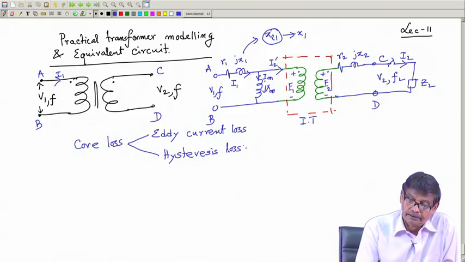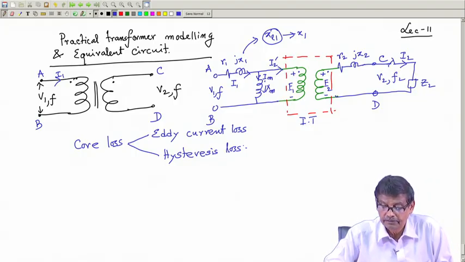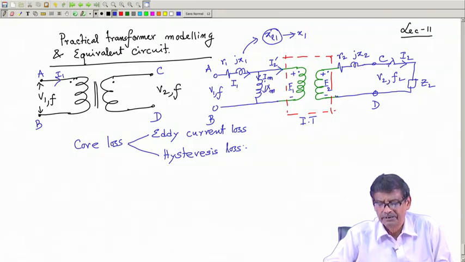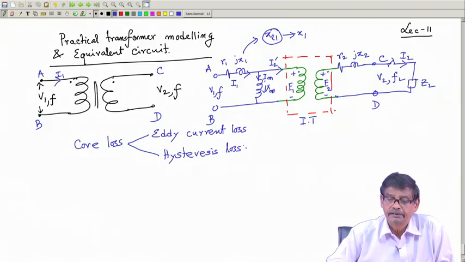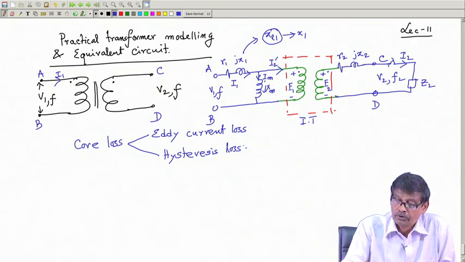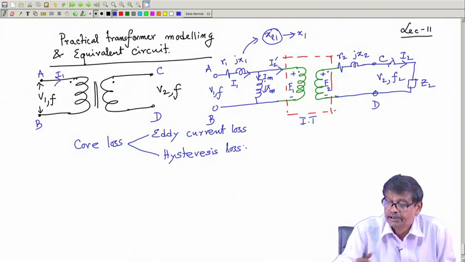We will first see why there will be eddy current loss and why there will be hysteresis loss. We try to understand on what factors these losses depend, and then how to take that loss into account by incorporating a resistance in this equivalent circuit.